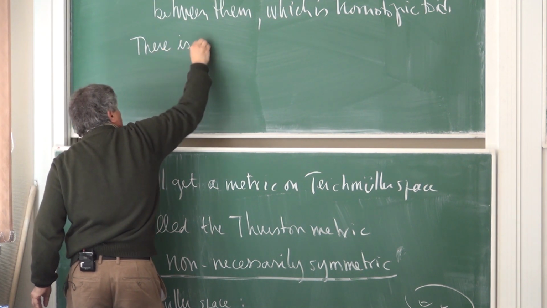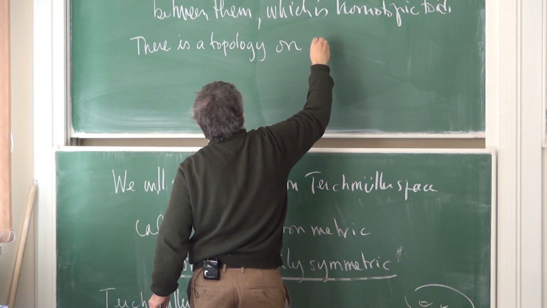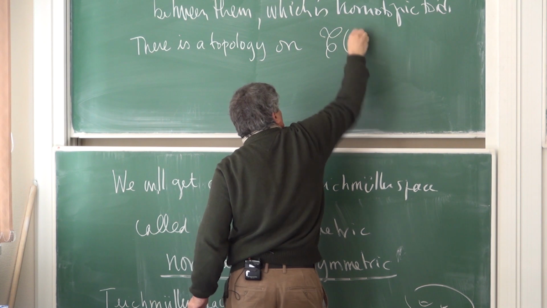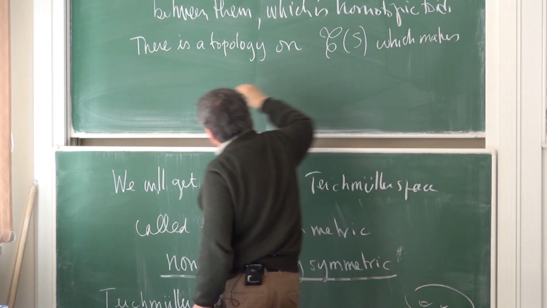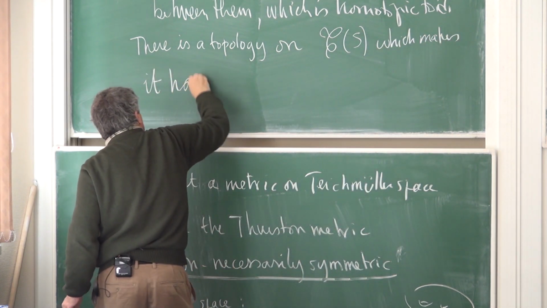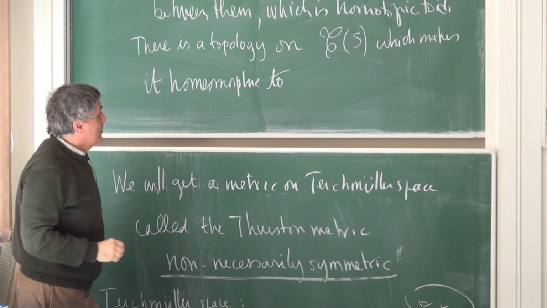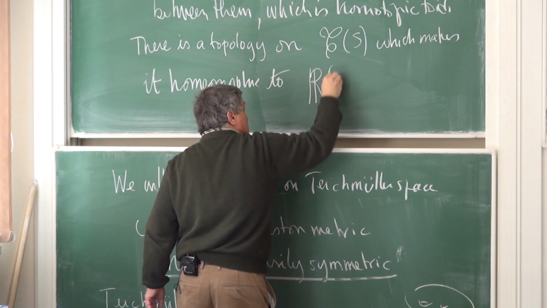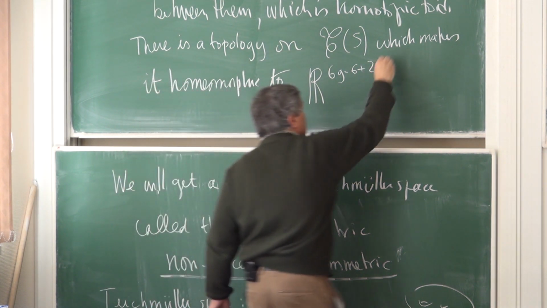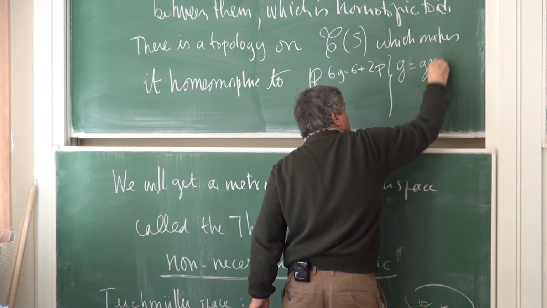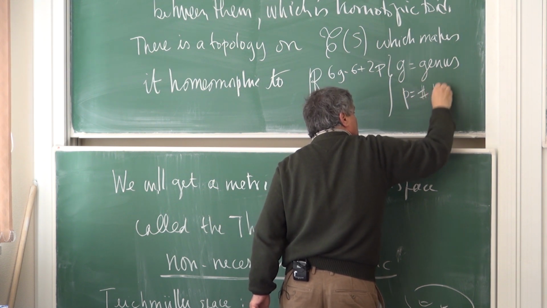We will see there is a topology on T of S which makes it homeomorphic to R to the 6G minus 6 plus 2P, where G is the genus of the surface and P the number of punctures.